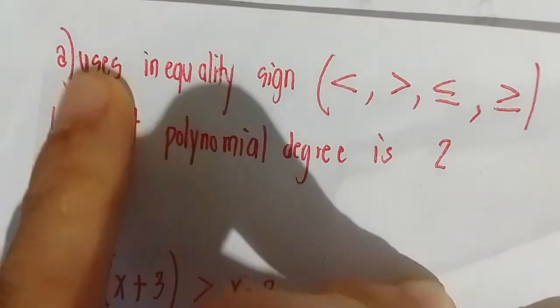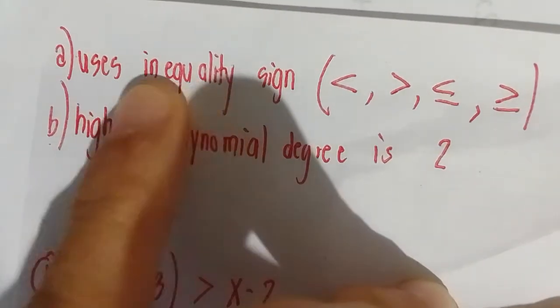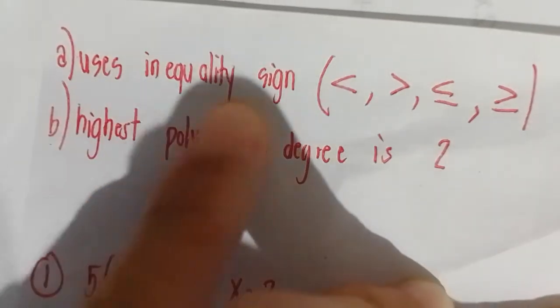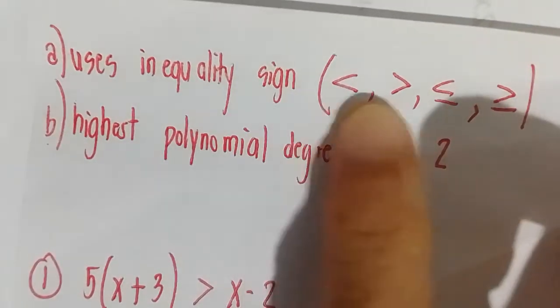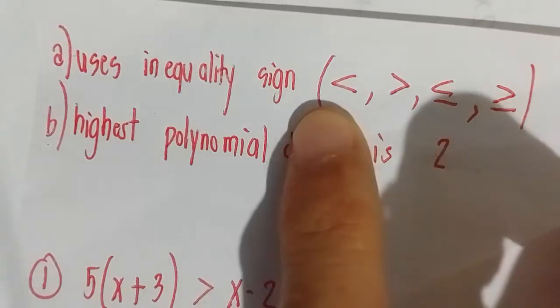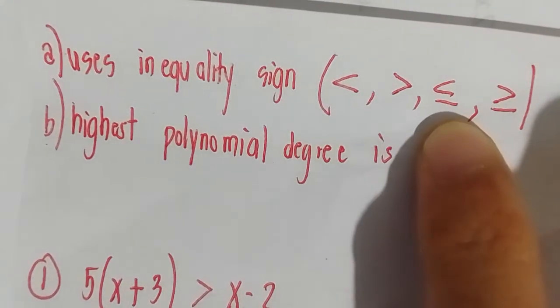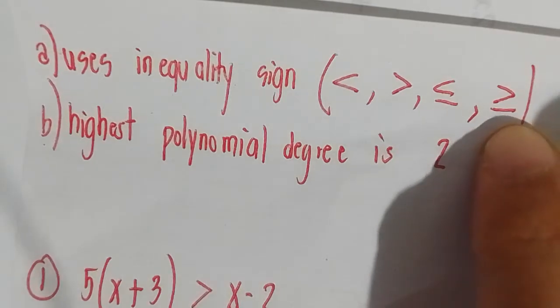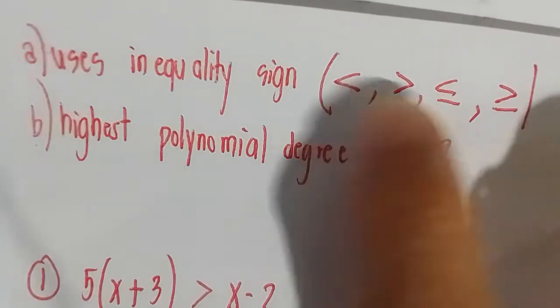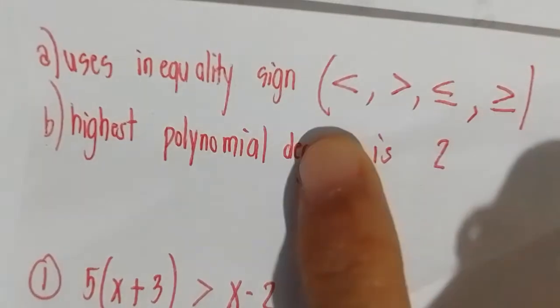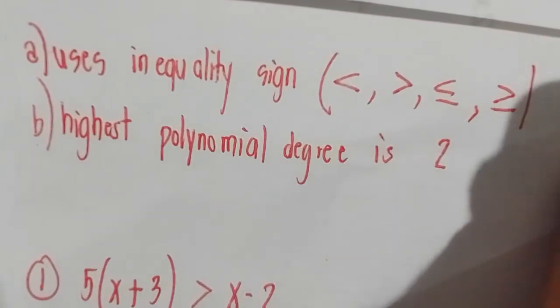First, dapat naggamit og inequality sign, uses inequality sign. So mo ni siya atong mga inequality sign: less than, greater than, pwede pag iyan nga less than or equal to, or greater than or equal to. Basta naaga nini isa ani nilang 4 inequality sign, check na ng first condition.